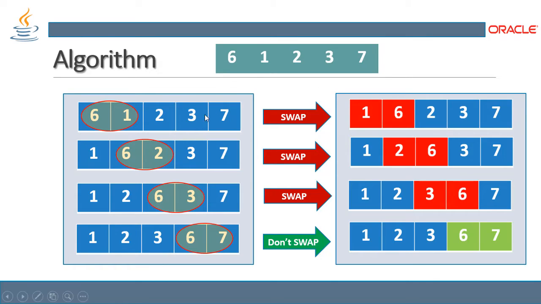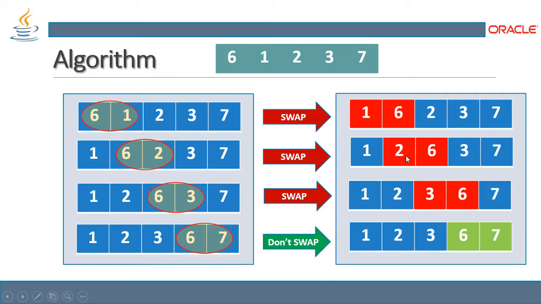Now it goes to the next iteration, where the bubble moves to the next position, with 6 and 2. It will check the condition and see which one is the least. 6 is greater than 2, so it has to swap. Swapping these positions makes it 1, 2 and 6. As you can see in the red blocks, it is swapped.